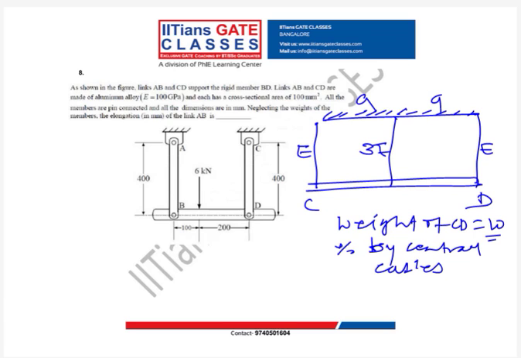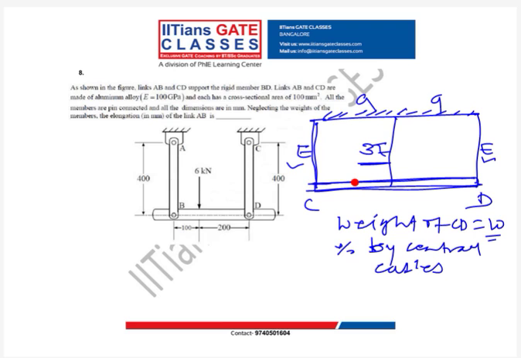Yeah. So is it visible, guys? What is there? There is one rigid link CD connected by three cables: two outer cables and one inner cable.